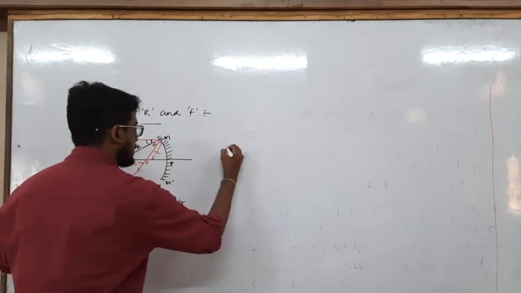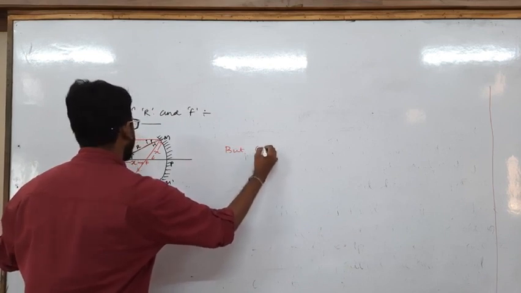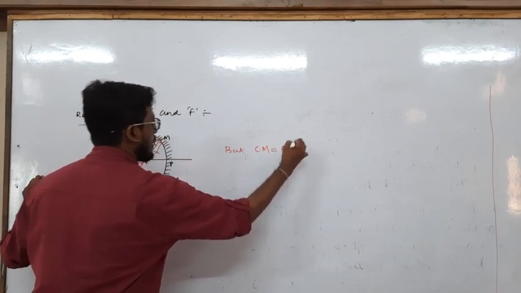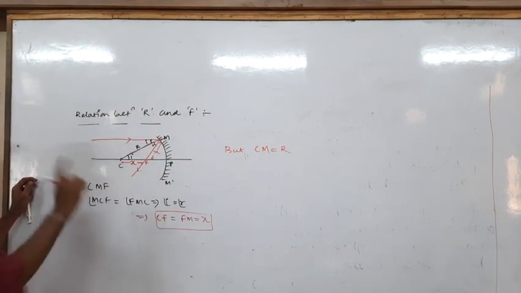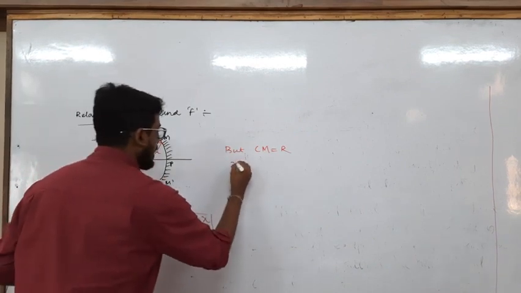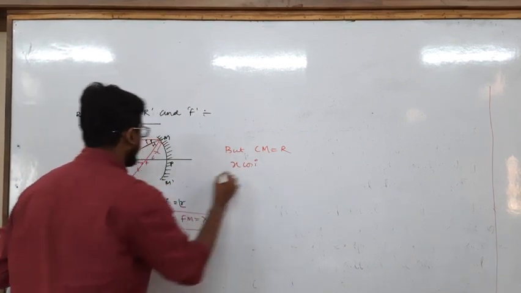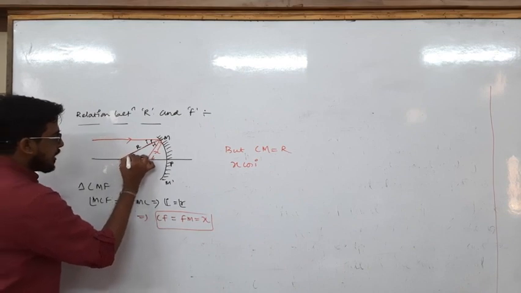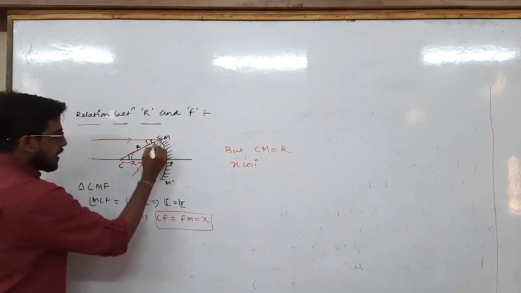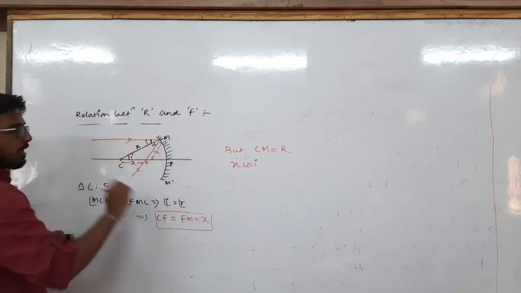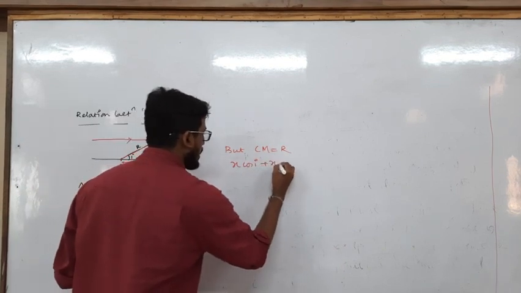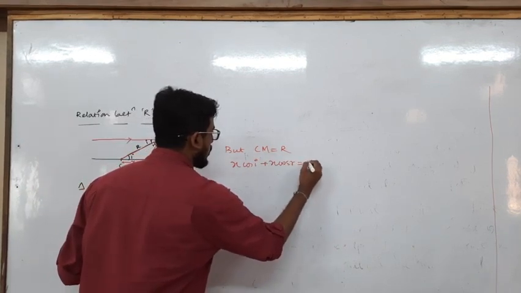But what is CM? Radius of curvature R. So we can write, if this is x, this will be x cos i, and this will be x cos r. So x cos i plus x cos r equals how much?